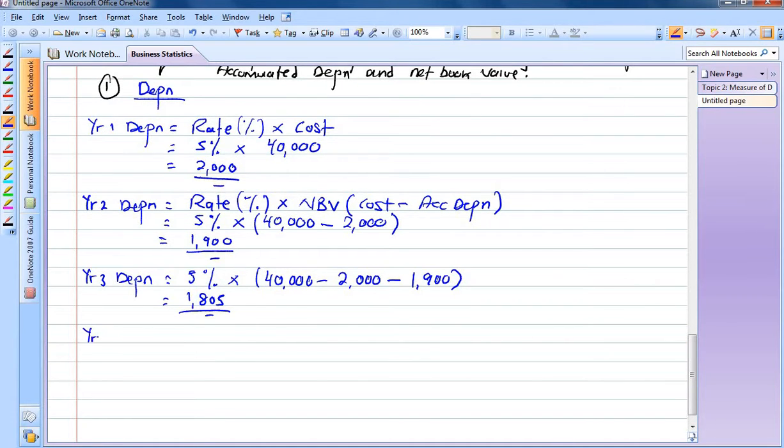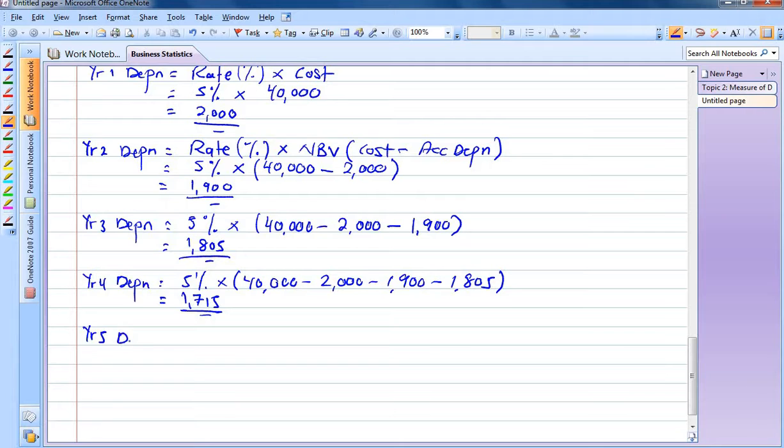Then year 4 depreciation, it's the same, 5% times 40,000 in a bracket, minus 2,000 minus 1,900 minus the year 3 depreciation. How much do you get? You'll get 1,715. Round it up. I know you have a decimal there, 1,714.75, but round it up, easy.